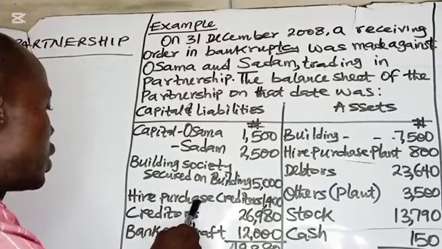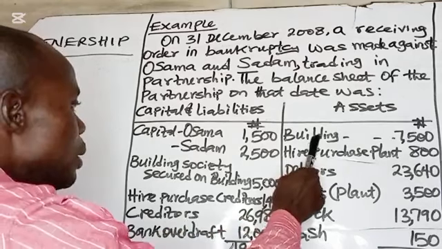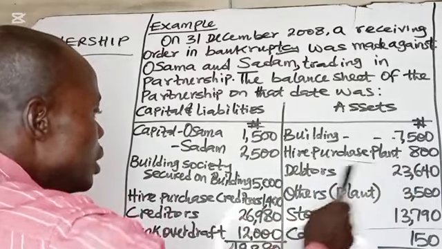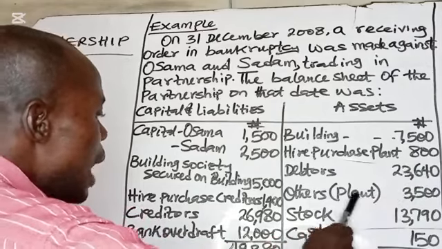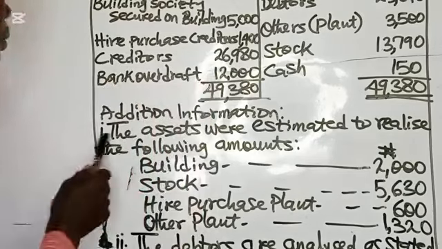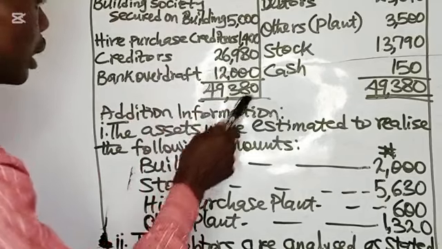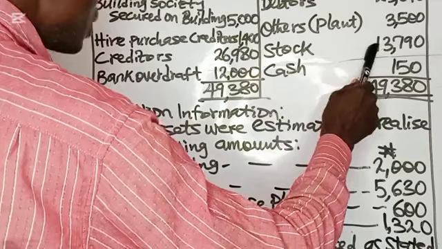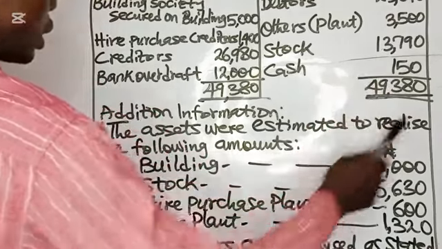Hire purchase creditors 1,400. Building 7,500. Hire purchase plant 800. Debtors 23,640. Other plant 3,500. Creditors 26,980. Bank overdraft 12,000. Total 49,380. Then we have stocks 13,790. Cash 150. Total 49,380.